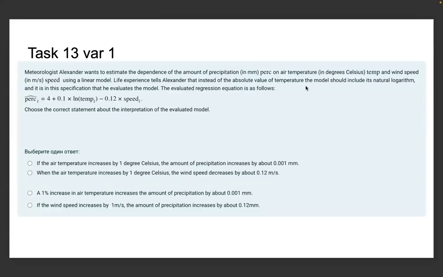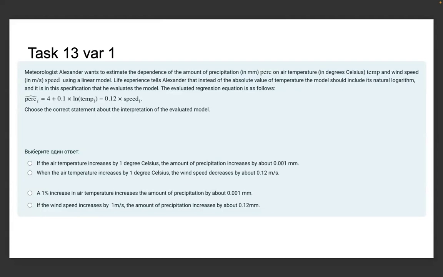Life experience tells Alexander that instead of the absolute value of temperature, the model should include its natural logarithm, and it is in the specification that evaluates the model.